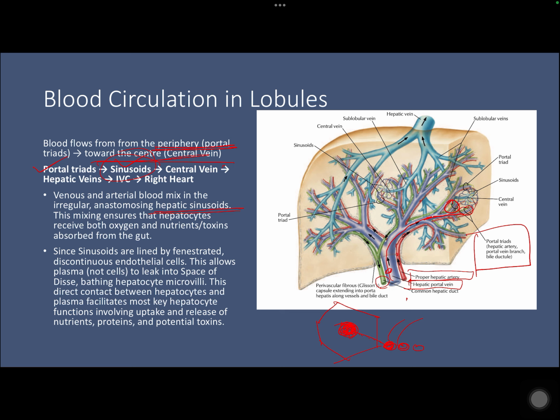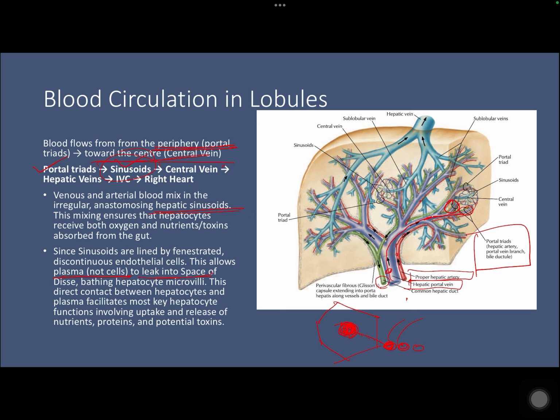Why these fenestrations? Since these cells are fenestrated, this allows only plasma, which contains nutrients, waste products, enzymes and toxins, to leak into the space of Disse.